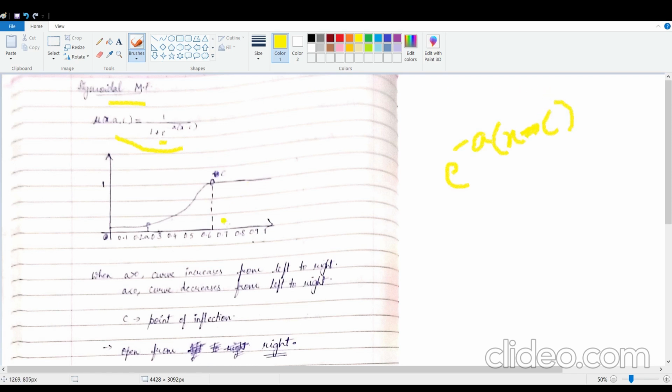Anyway, so a is over here and then c is over here, as you can clearly see. So if a is greater than 0, the curve always keeps increasing from left to right. And then when a is less than 0, the curve decreases from left to right.